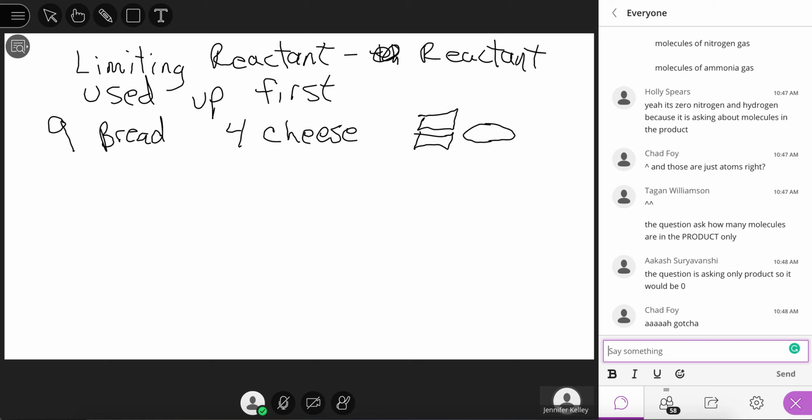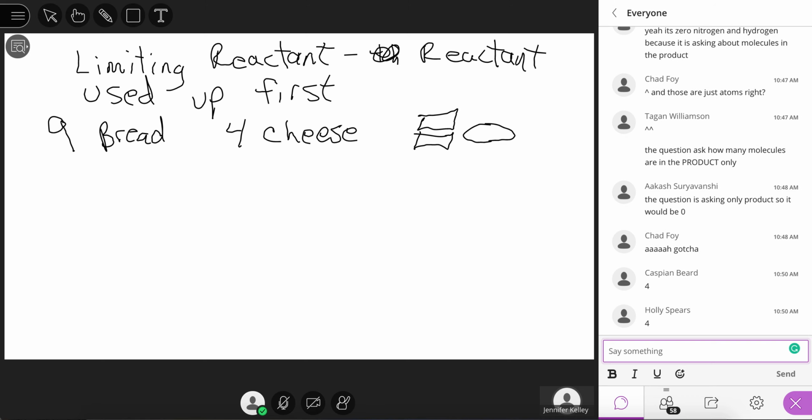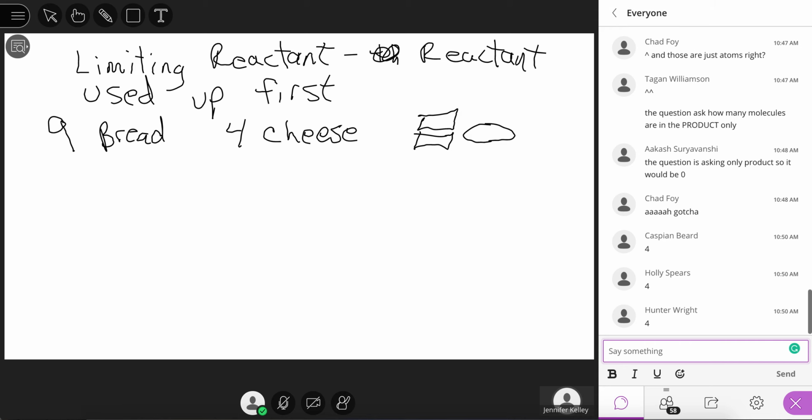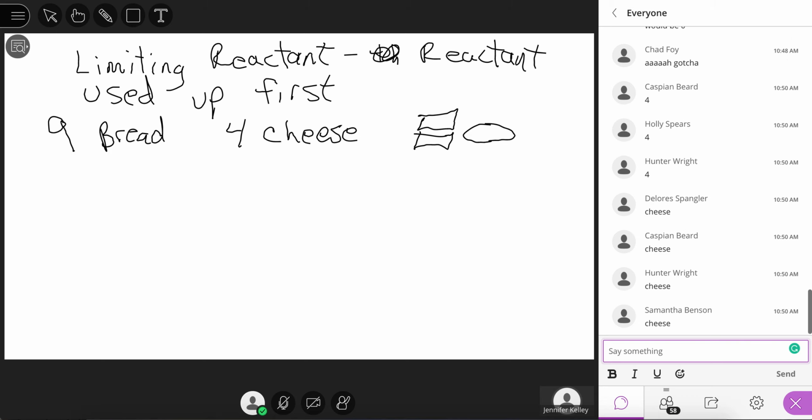If that's the case, then I can figure out how many sandwiches I can make. So how many sandwiches can I make if I have 9 slices of bread and 4 slices of cheese? Correct, I can make 4. Which one am I going to run out of first? The cheese, correct. So the cheese in this case would be the limiting reactant because I run out.